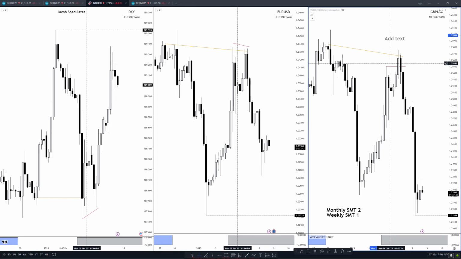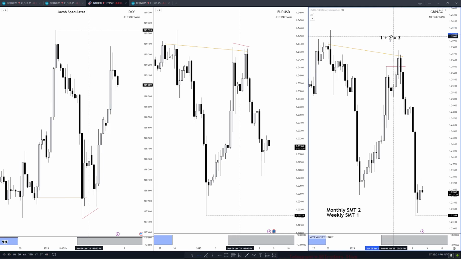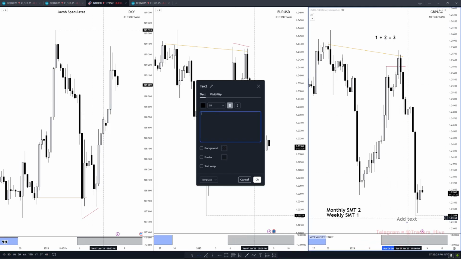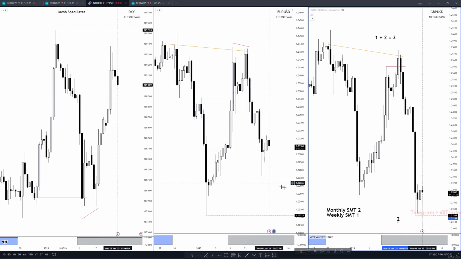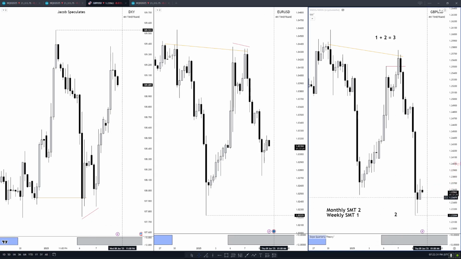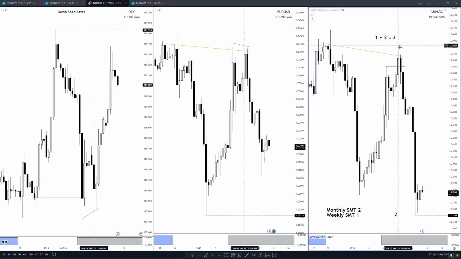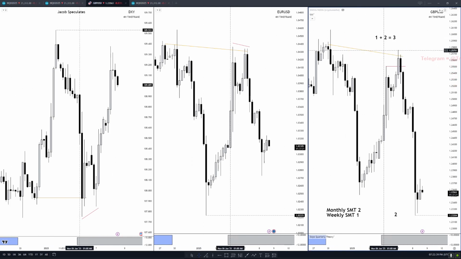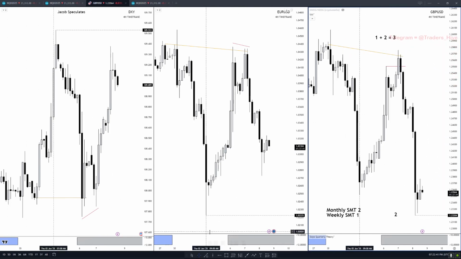So 1 plus 2 is 3. And down here, this SMT would just be 2. So until we make something in price that is greater or equal to what is up here, then and only then will we see a reversal and take out these highs. Does that make sense?